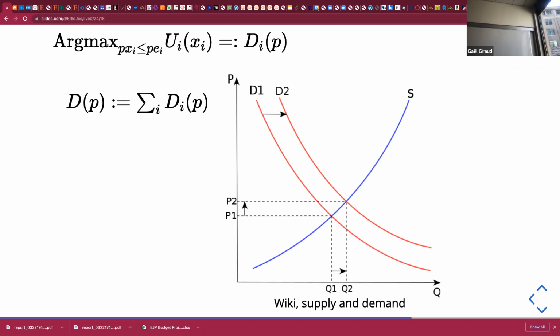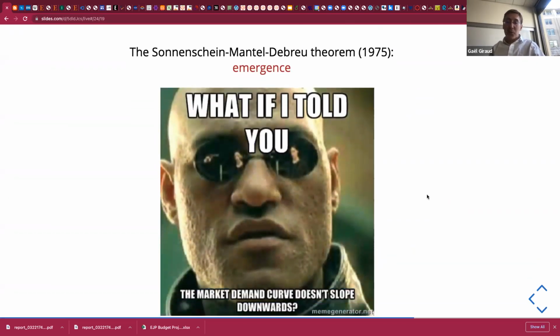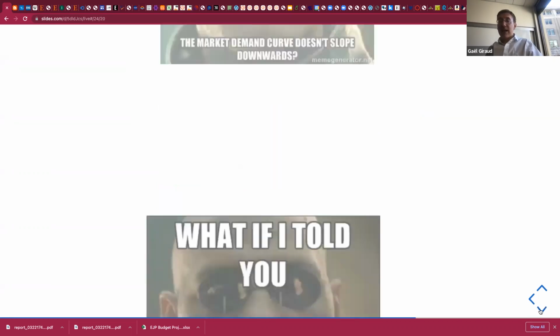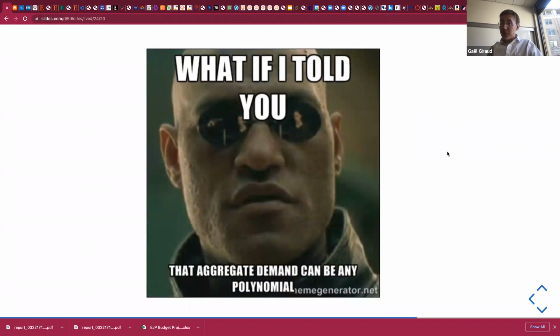And they tell me, well, there is no unemployment, because the labor market is at equilibrium. The unfortunate thing is that this is not true. What if I were to tell you that the market demand curve does not slope downwards? What if I were to tell you that aggregate demand can be any polynomial?